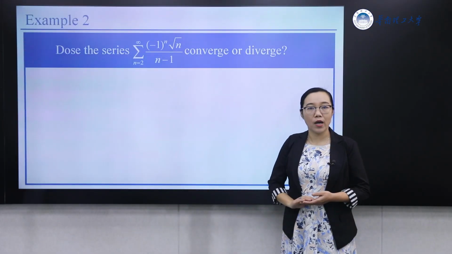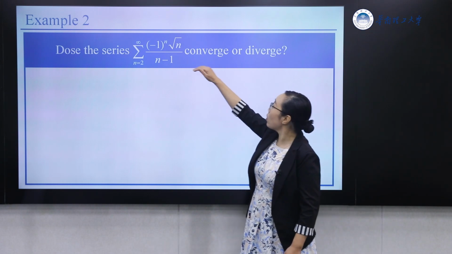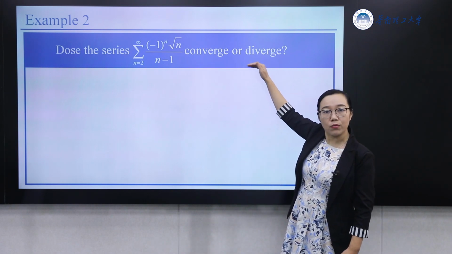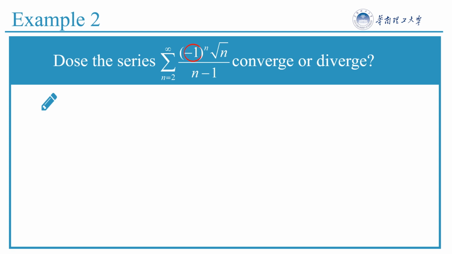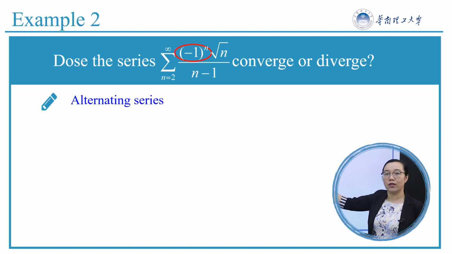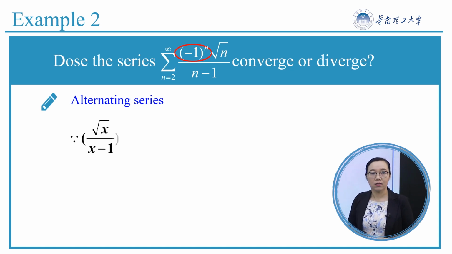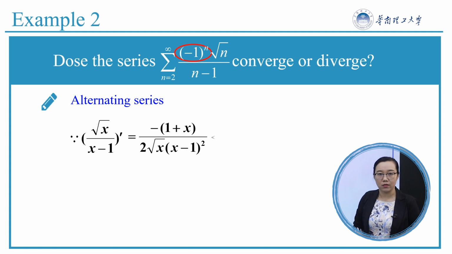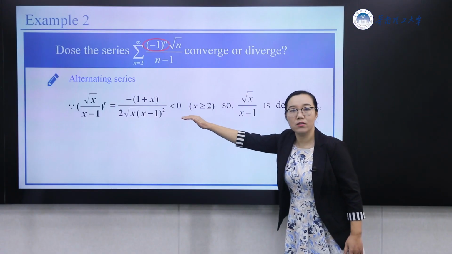Next, let's look at example 2. Does this series converge or diverge? Pay attention to the form minus 1 to the power n. It is obvious that the series is an alternating series, since the derivative of the square root of x over x minus 1 is less than 0.